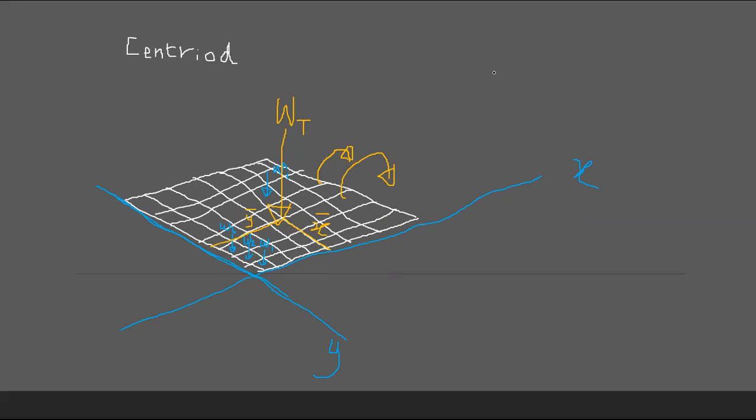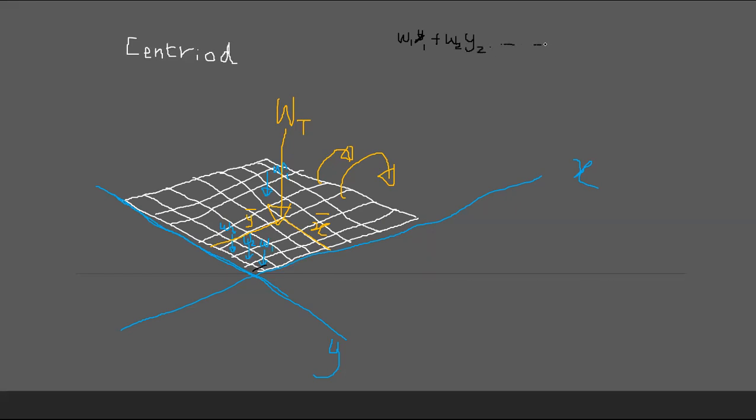So if you take bending moments, right? So you have W1, you will have, let's say, Y1, right? W2, for that you have Y2.